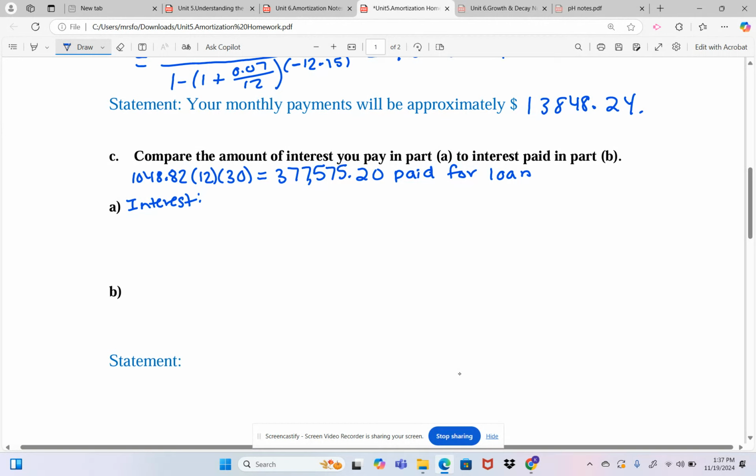So for the interest, I take what I paid and subtract what the actual loan amount was.